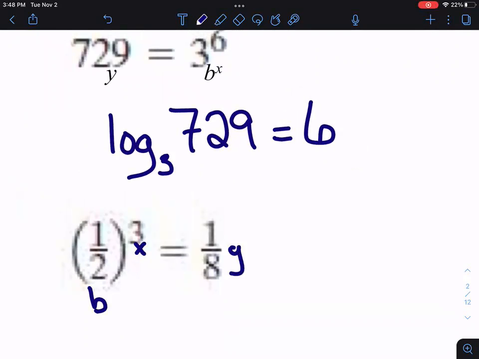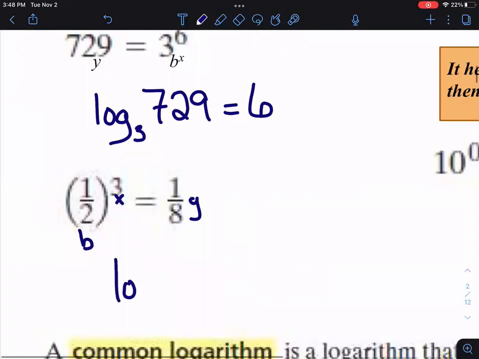Labeling the next one here, now we have a base of 1/2, an exponent of 3, and a constant or number by itself of 1/8. So log base b of y equals x. So log base 1/2 of 1/8 equals 3.